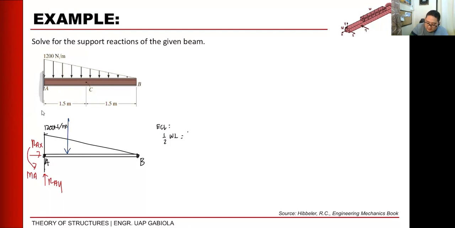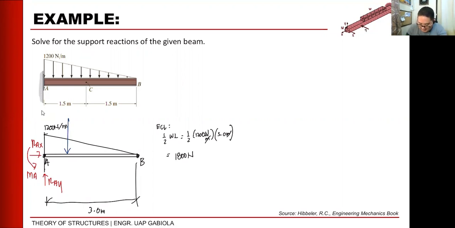So, that will be 1/2 tapos 1,200 Newton per meter. Multiply natin ng ilan yung total natin? 3 meters. Okay? Cancel yung meter. We have 1,200 times 3 divide 2. So, 1,800 newtons. Okay? As our ECL.